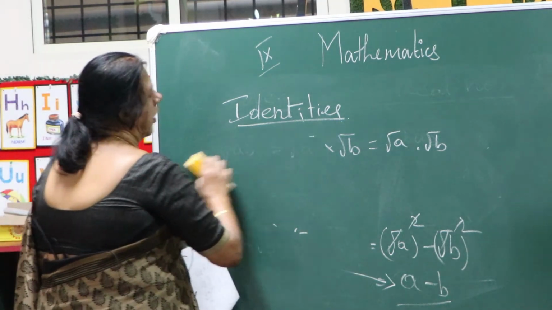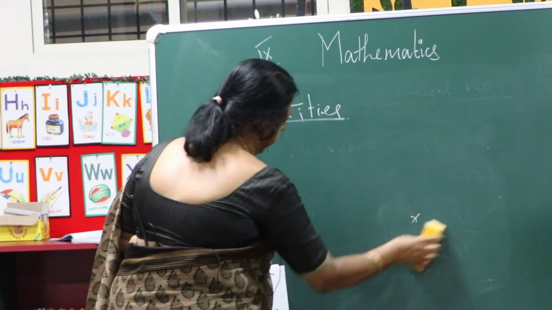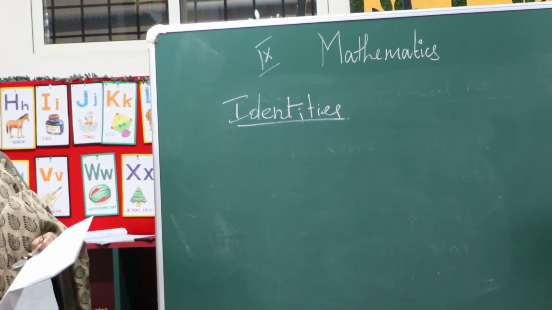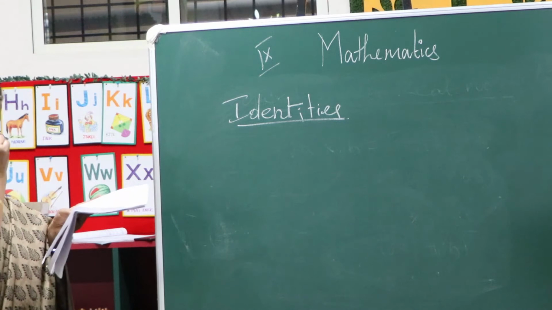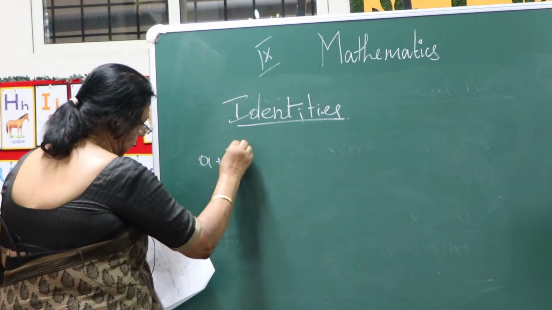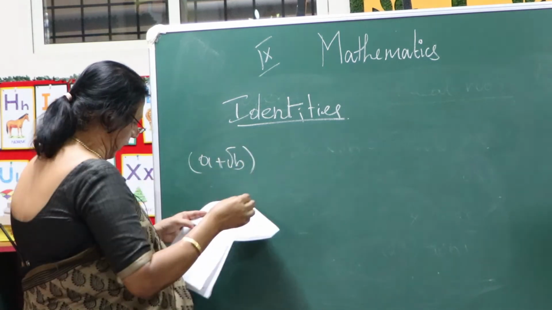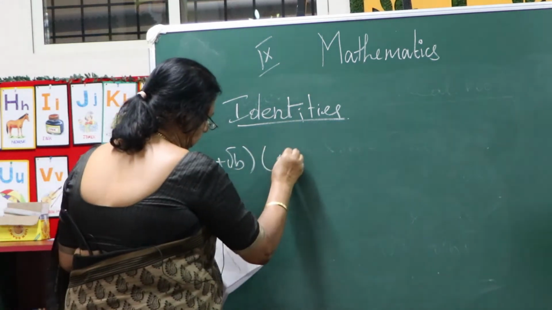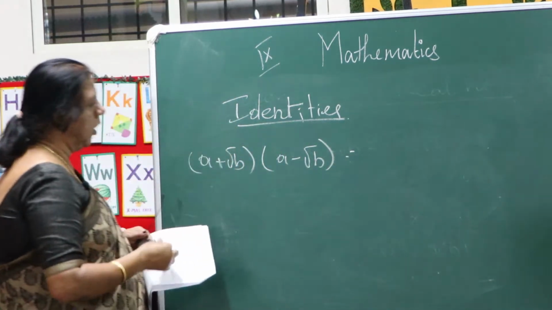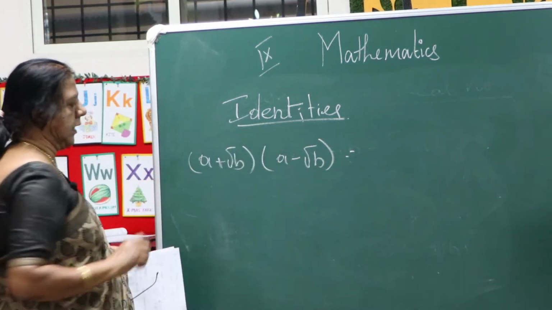So we'll go for the fourth identity. It is very, very easy, no children? The fourth identity is (a plus root b) into (a minus root b). See, you only simplify. One plus is there, one minus is there.